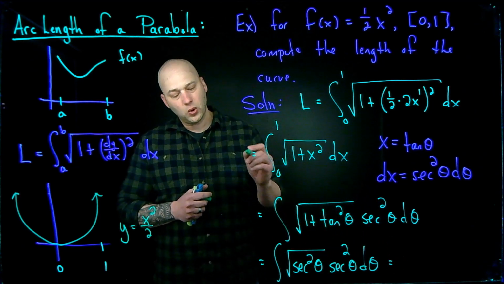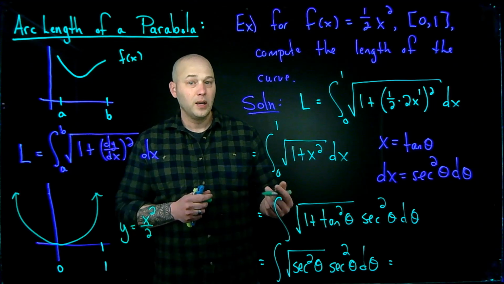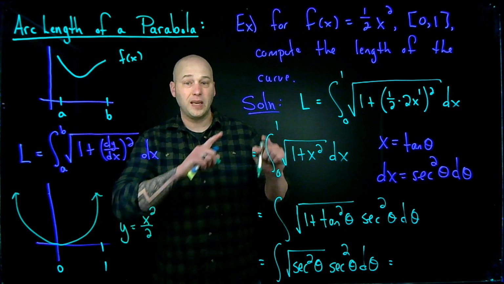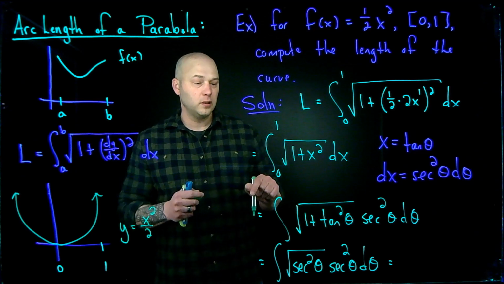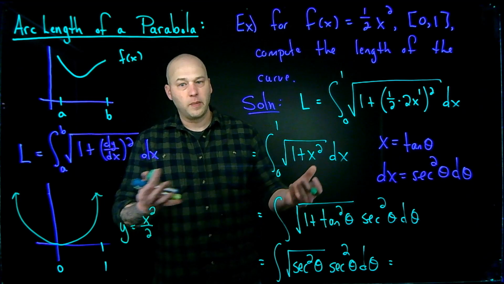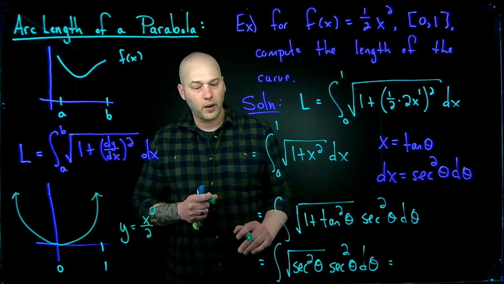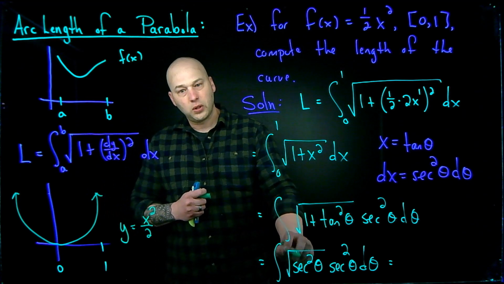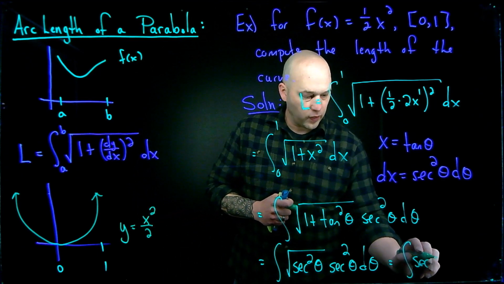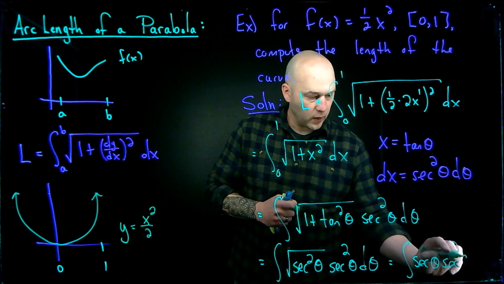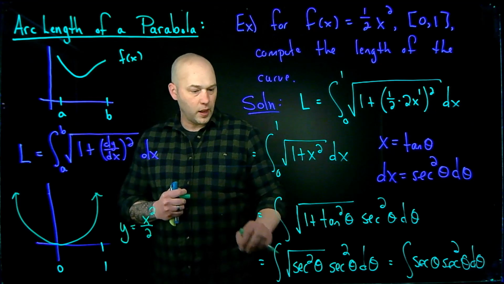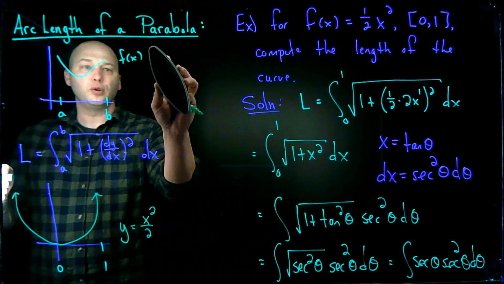When you take the square root of a square, the algebraic simplification would be the absolute value of what's inside. But we can verify, and again, it's just going to make this video super long, so I'm going to leave that part off. But this does reduce to secant of theta. So I have the integral of secant of theta, secant squared of theta, d theta. And then that becomes secant cubed.